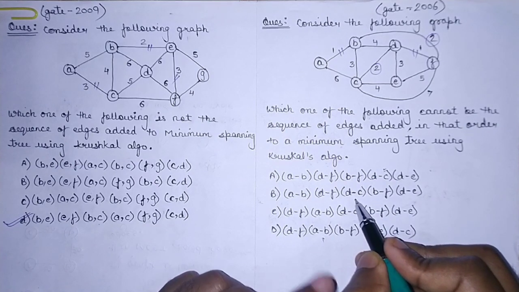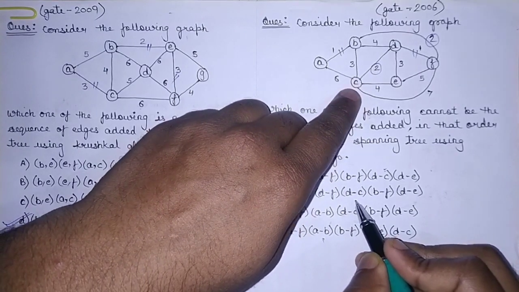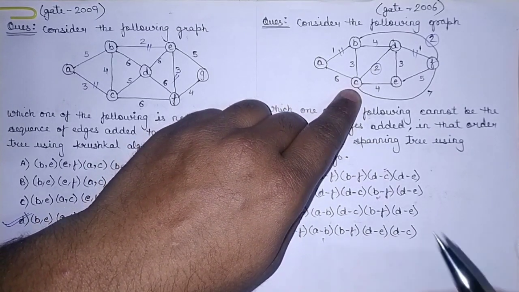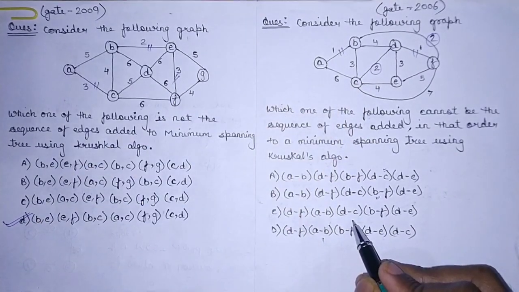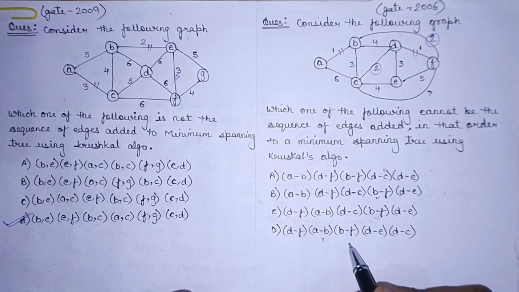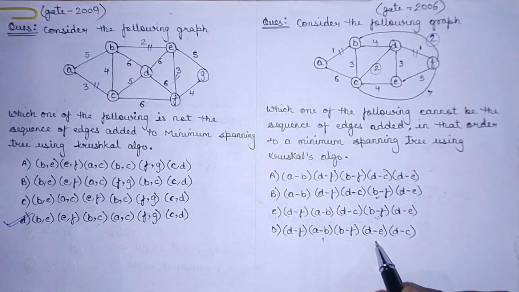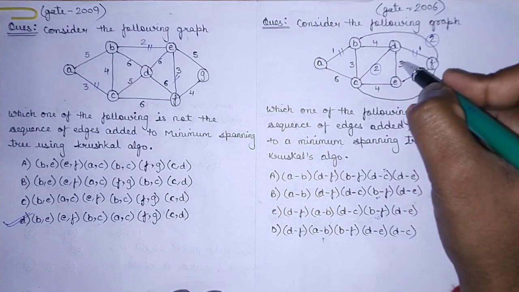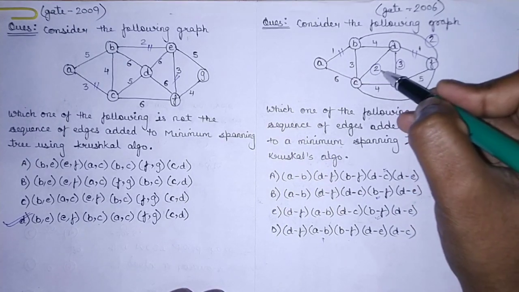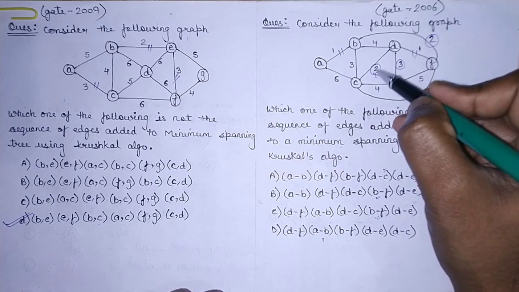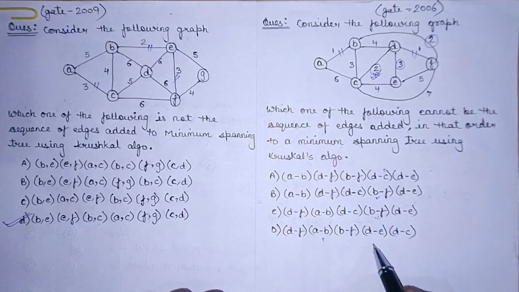Now check here. After DF it has taken DC, which is right, and after DC it has taken BF. This is also right. Same here, DC then BF. And BF then DE. Here they are taking DE, which is 3, so they are not taking this particular value. That means this cannot be the sequence.